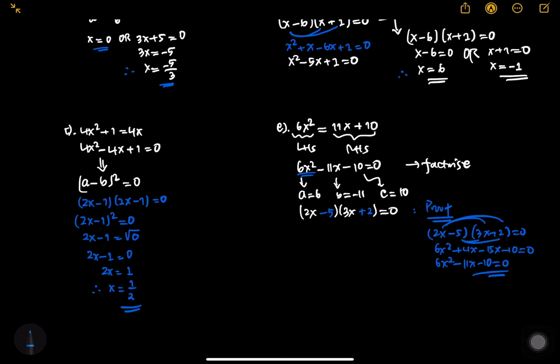So that's correct. Now we can factorize this, and that equals 2x minus 5 equals 0, or 3x plus 2 equals 0. Then 2x equals 5, so x is 5 over 2, and 3x equals negative 2, so x is negative 2 over 3.